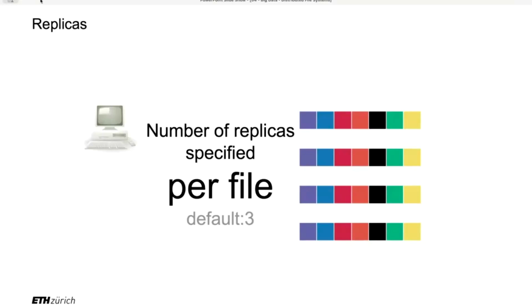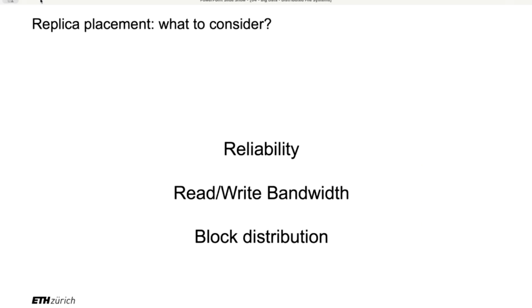So now a few words about the network topology and the replicas. By default, it's 3 replicas for every block. You can change that per file if you don't like it. You can make it 5, 7, an odd number is ideal. So you can increase that if you want. Now we need to decide where to place them, right?